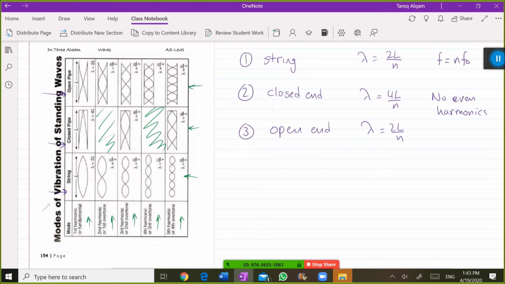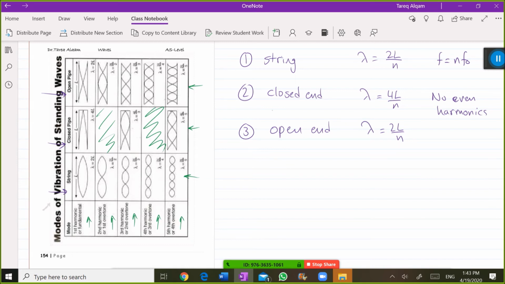Now the main point, guys, is that standing waves do not occur at all frequencies. Standing waves occur at specific frequencies where outgoing waves and reflected waves interfere constructively at specific positions and destructively at specific positions.